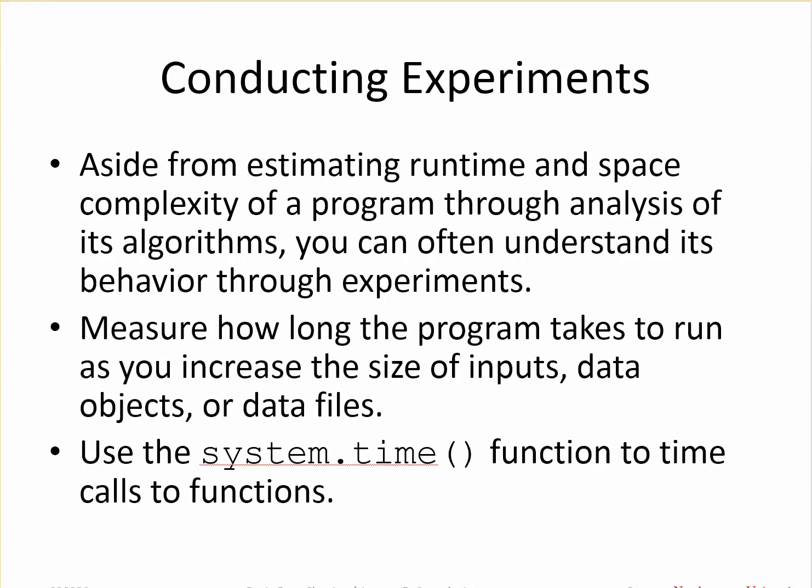Now, of course, you could conduct an experiment too. Another way to compare different algorithms is to write different versions of a program, run them, and measure how many milliseconds they take. In fact, there is a function in R called system.time to which you pass a function as a parameter, and it will return how many milliseconds that particular function took to execute.